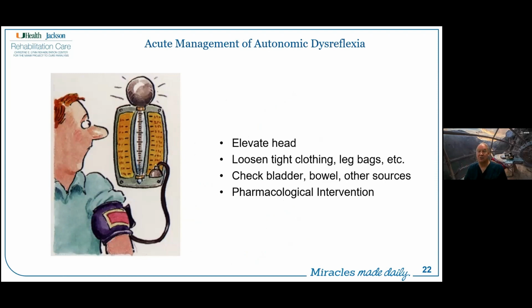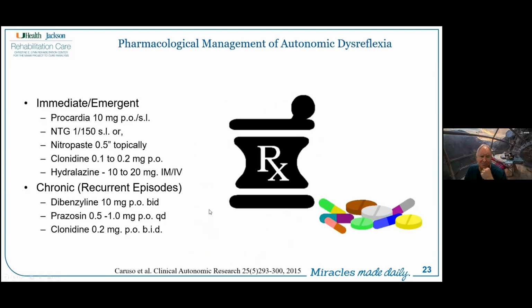Consider pharmacological intervention that looks like this. If it's an acute cause, typically we're going to be using nitro paste as our best way to manage this. If we find a source that we can readily remove, then we can also wipe off the nitro paste as opposed to taking an oral medication or even a sublingual medication that is not as easily reversible.